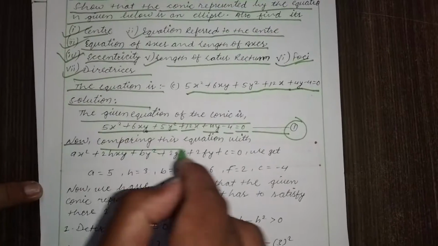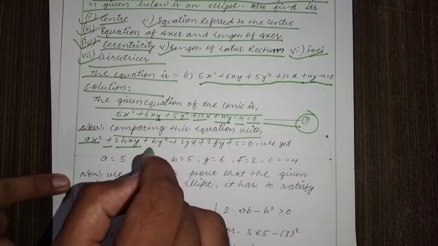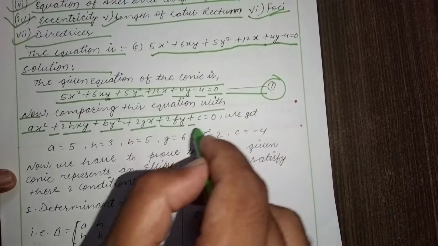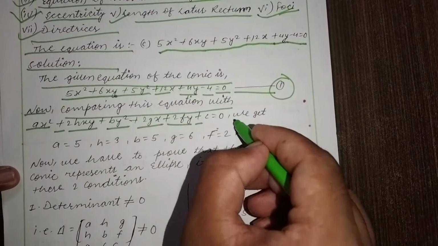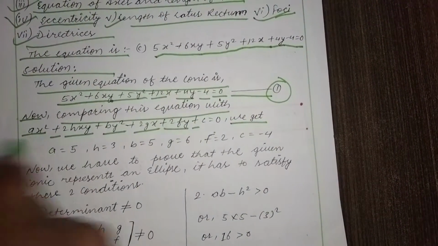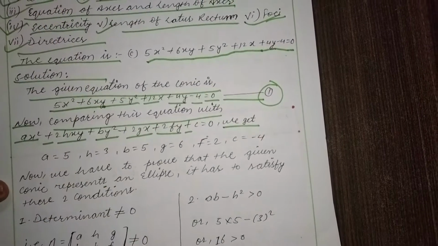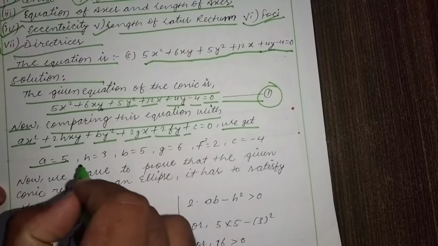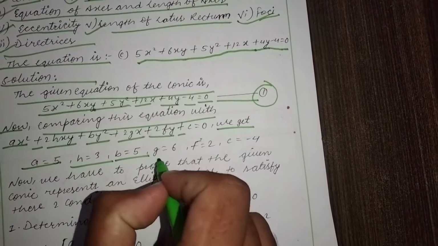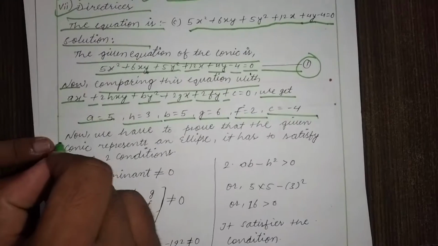Now comparing this equation with ax square plus 2hxy plus by square plus 2gx plus 2fy plus c equals 0, this is our formula, we get the values a equals 5, h equals 3, b equals 5, g equals 6, f equals 2, c equals minus 4.